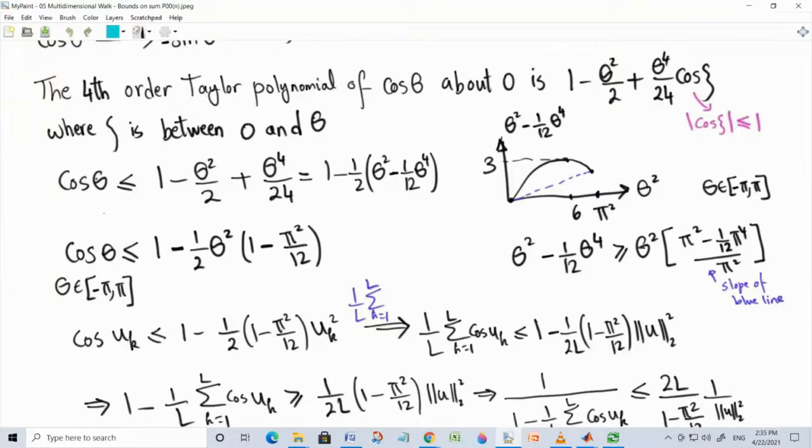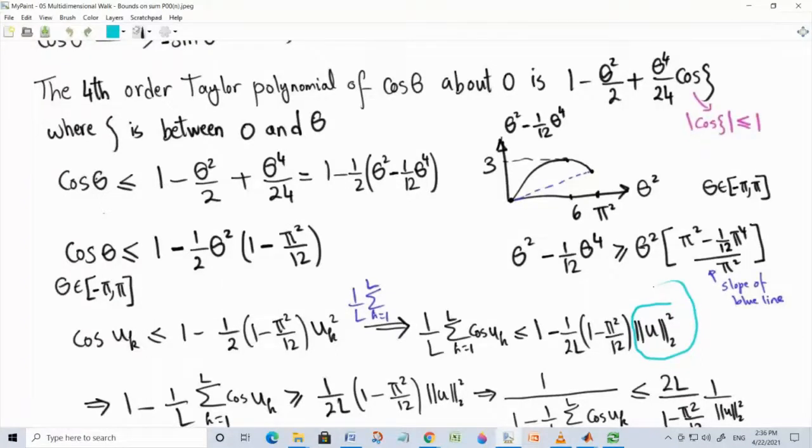But the idea is that you have the sum of cosines, and you want cosine uk to be upper bounded by some positive constant multiplied by uk squared, so that the summation will be upper bounded by the L2 norm squared of u.